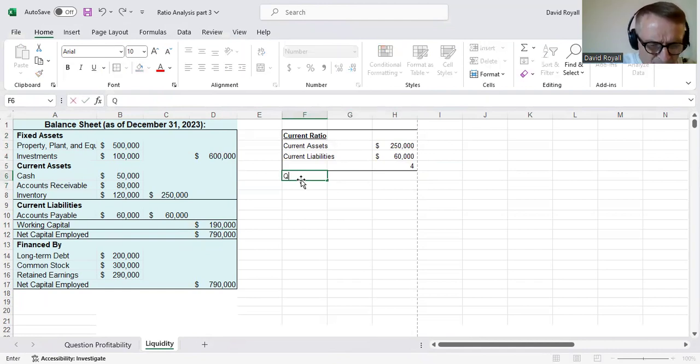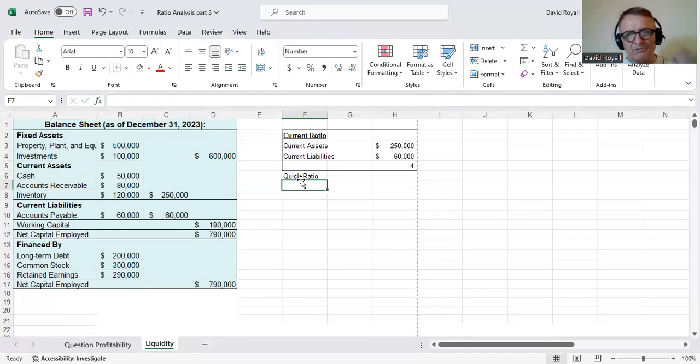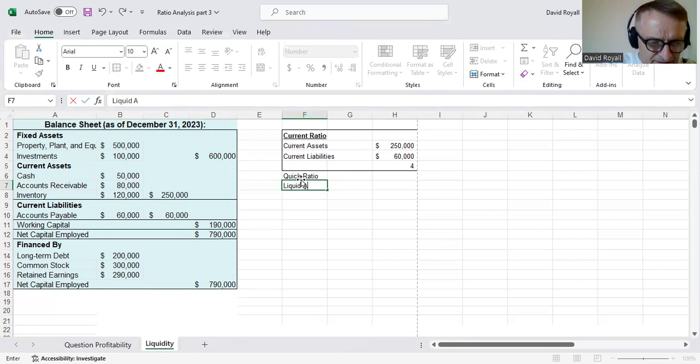But let's do what's called a quick ratio. I'm not being quick, but we'll see what we mean by quick ratio. The idea of the quick ratio is to do exactly the same as we've just done, but not including the inventory. So, for want of a better term, let's call it liquid assets.